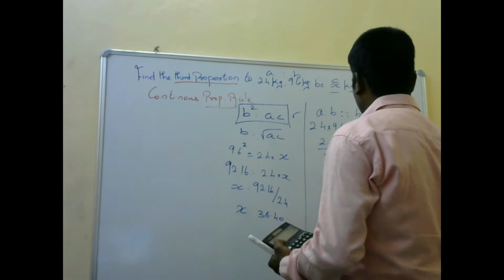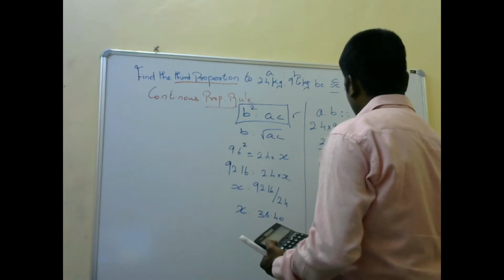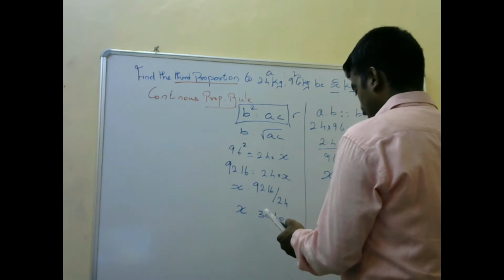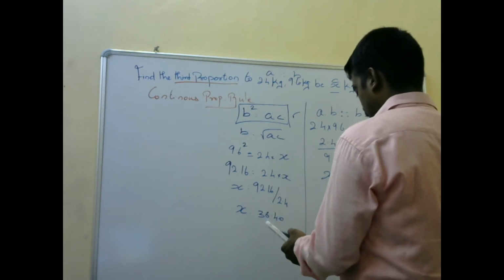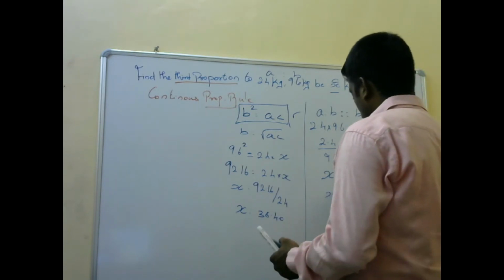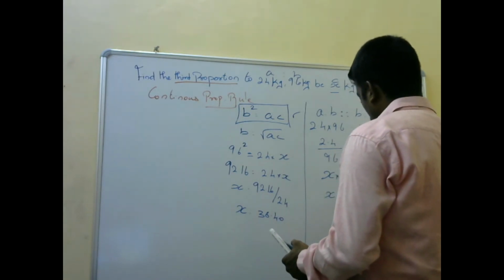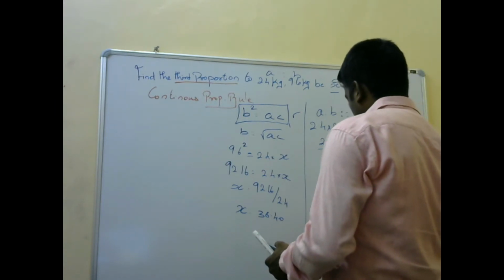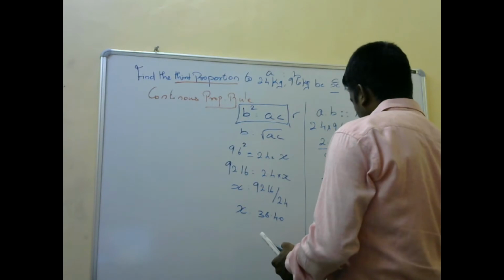When you cross multiply, x into 2.4 is equal to 9.6 into 9.6, 92.16. x is equal to 92.16 divided by 2.4. You will get the same answer, 38.4.